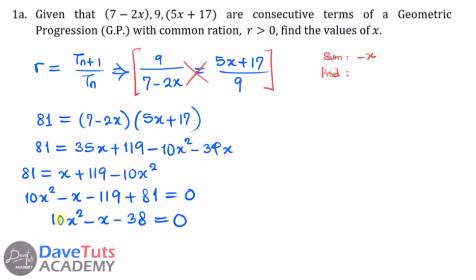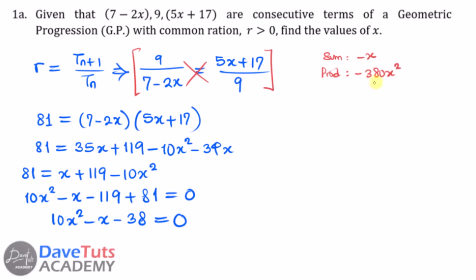The product is the first term and the last term, 10x squared and 38, which will be minus 380x squared. So I'm looking for two terms that will have their sum as minus x and their product as minus 380x squared. Now if the sum is minus x, that is giving me an indication that they have to be consecutive terms, in which the greater number will need to carry the negative sign. That's why the sum can be minus x.